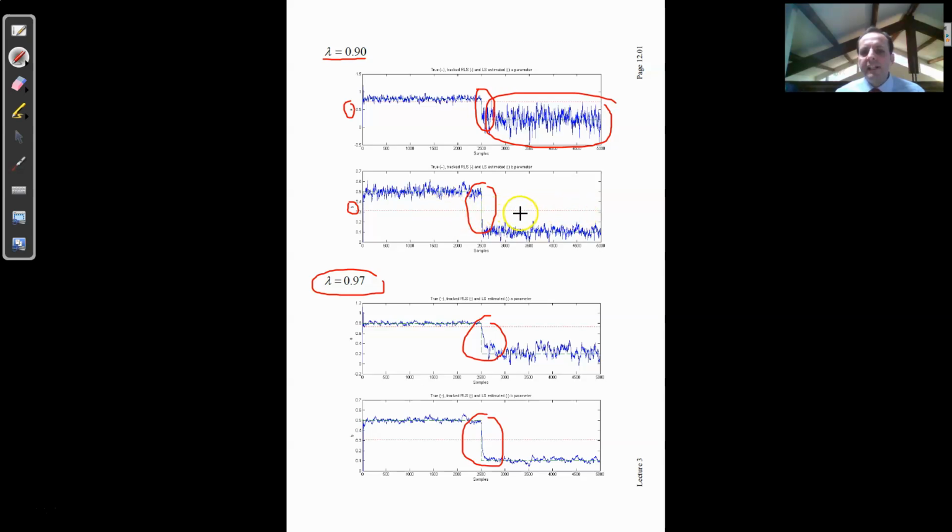You can see here that the solution provided by the classical least square is something in the middle between the two values of the parameter, which is wrong, because you cannot use the traditional least square, because there is a change.